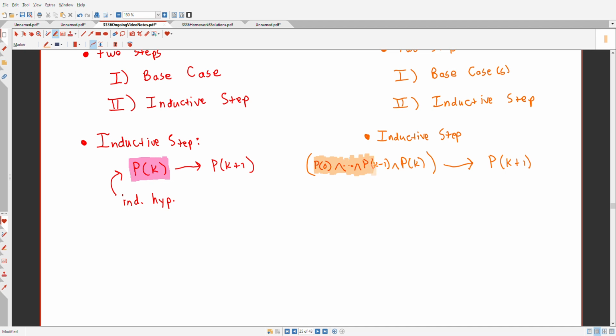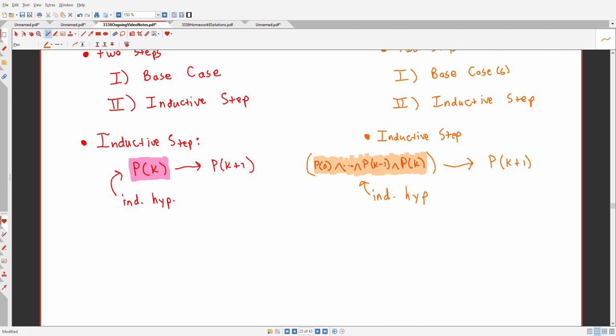Under strong induction, we aren't just assuming the immediate predecessor case, we're assuming all previous cases as our hypothesis. This is our strong inductive hypothesis. And by the way, this is where the name comes from. We are assuming more of a hypothesis in this version, in orange, right? So the hypothesis is somehow larger, maybe more powerful, so we call it strong induction.